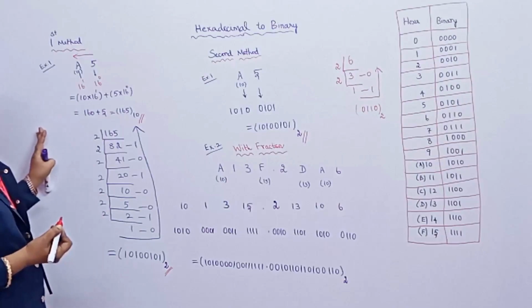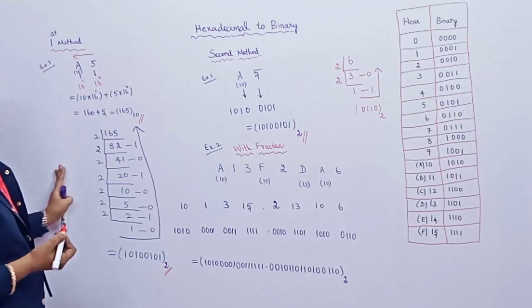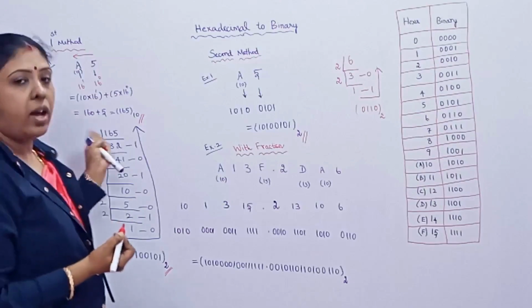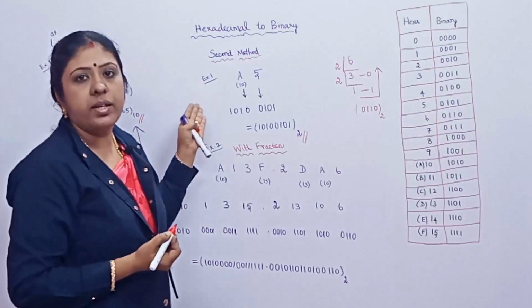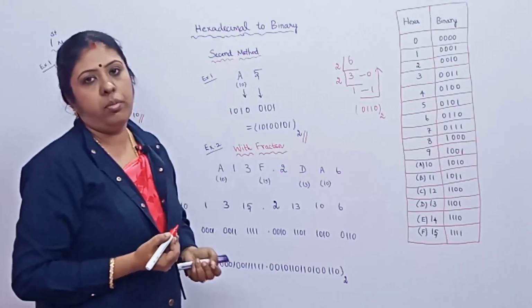So this process will be a tedious process when we have a very large number. For small numbers, we can use this methodology. For large numbers, the second method is the best method to convert from hexadecimal to binary.